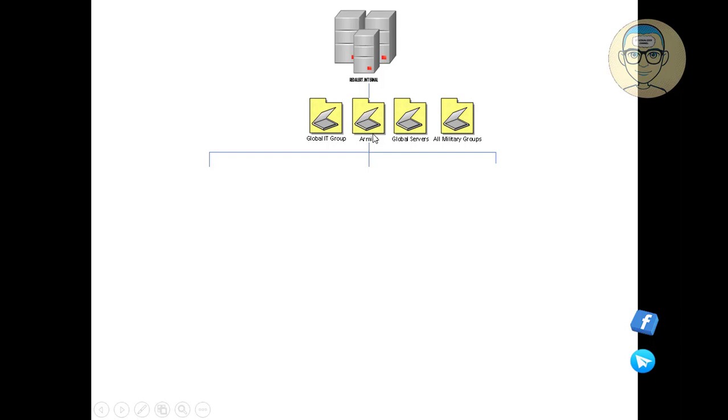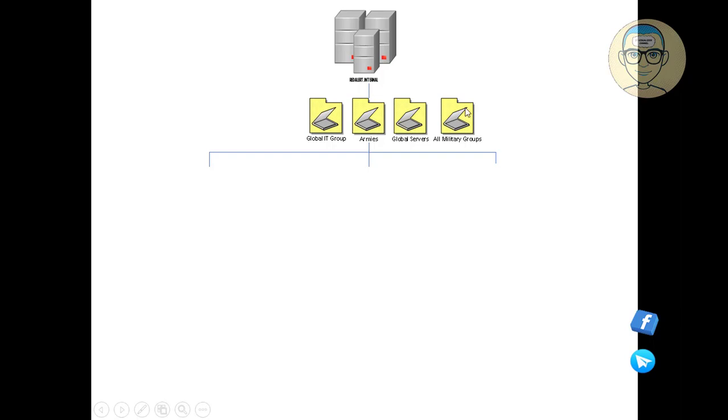And then this is the organizational unit for armies that will have the three armies under it, as we will see now. And the global servers, these are the servers that the three armies need to access. And this is all military groups. It will contain all of the groups that will include all three armies together.